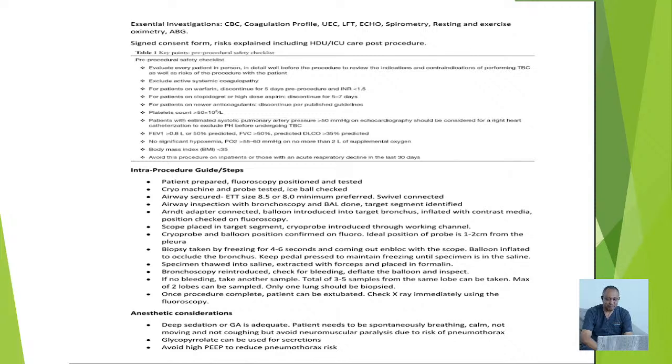But we try to keep the patient breathing spontaneously. And we occasionally may use glycopyrrolate if the patient has got excessive secretion. I'm sure the doctor will discuss the intra-procedure steps that are used.